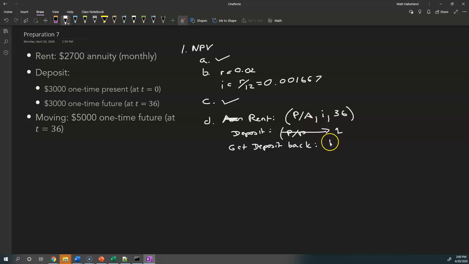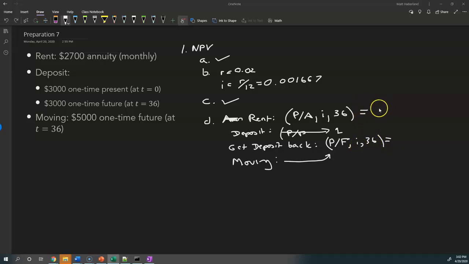So we want the present value given the future payment at that interest rate i up here, and that's going to happen 36 months in the future. We'll look that up in a second. And finally, moving, that's also a one-time future payment, so we can basically just reuse that discount factor from before. So let's look these values up. I'm going to enter them into my table.